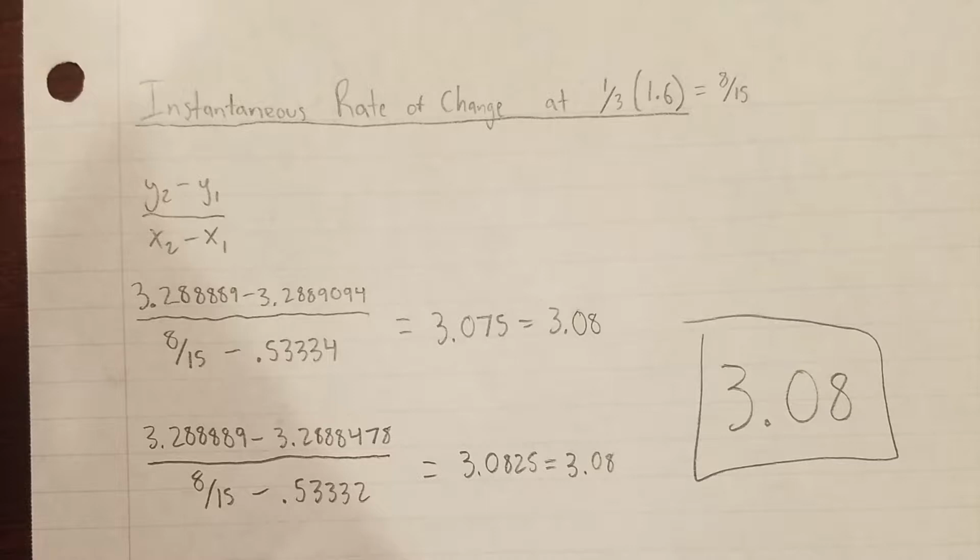When we plugged in 8/15 into the equation, we came out with y2 being 3.28889 minus y1 being 3.2889094 over 8/15 minus a little bit more than 8/15, which was 0.53334, which all came out to be 3.075, which we ended up rounding to 3.08.